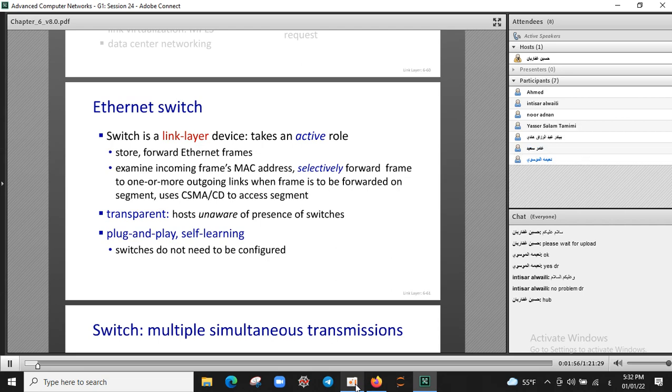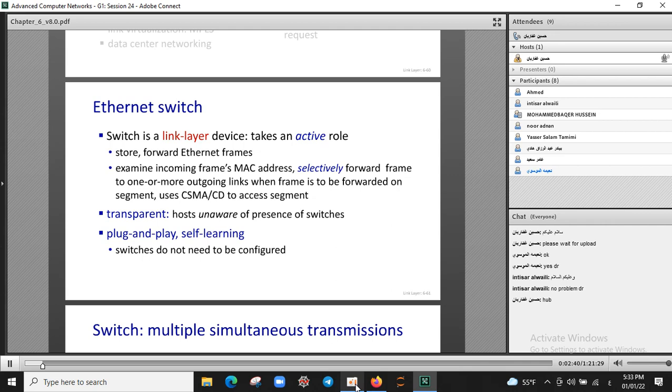If a hub receives some data from one port, it will resend that data to all the rest of the ports. For example, if I have a hub with 4 ports, and this hub receives some data from port number 1, those data will be resent from port number 2, number 3, and number 4.